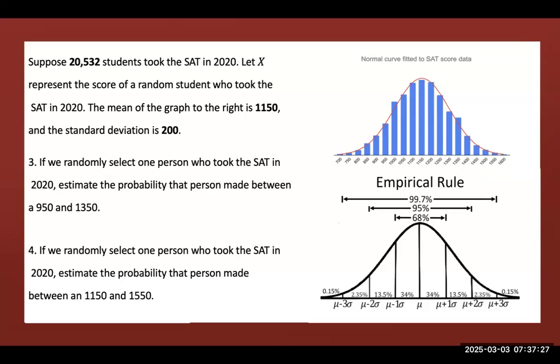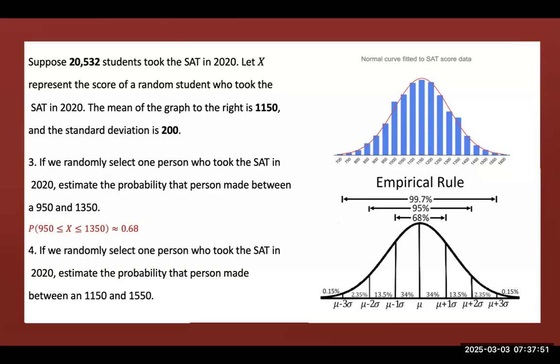So 950 and 1350 is within one standard deviation of the mean. And 68% of the time, we're within one standard deviation of the mean. So the probability is 0.68, or there's a 68% chance that the person made between a 950 and a 1350.